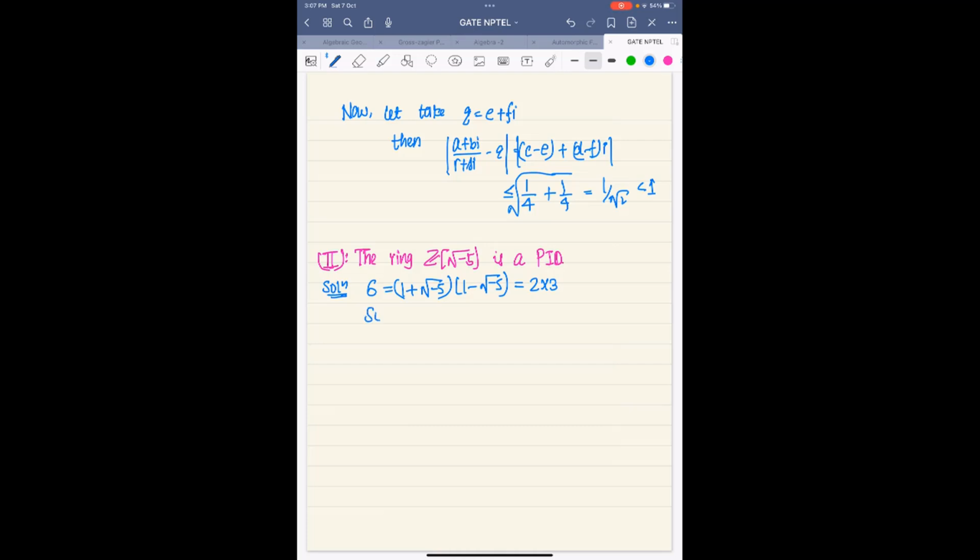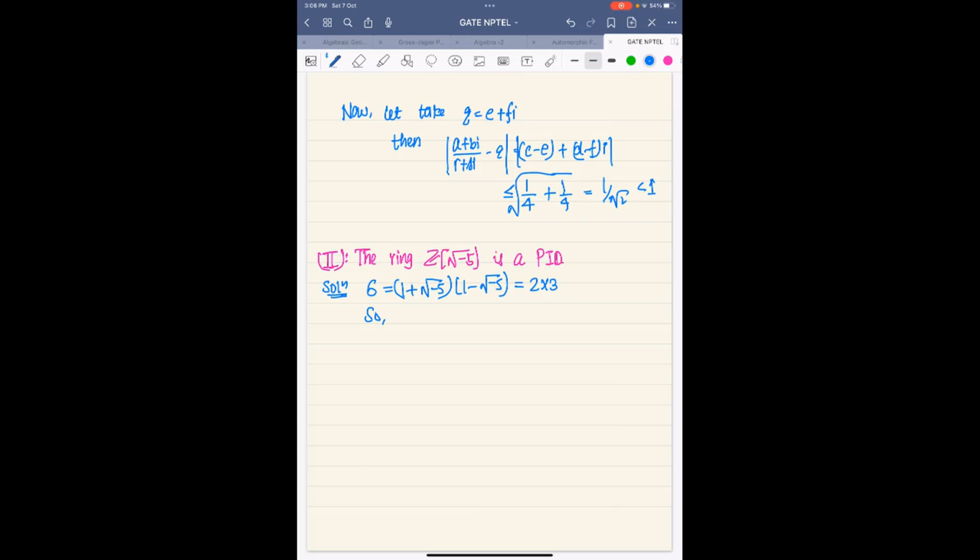You can check that 6 has two different factorizations in this ring Z adjoint square root of minus 5.